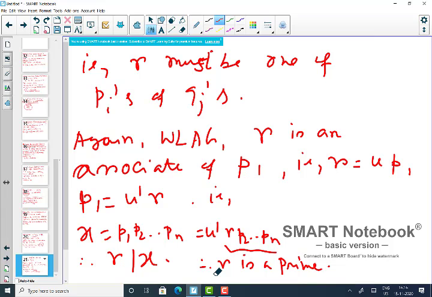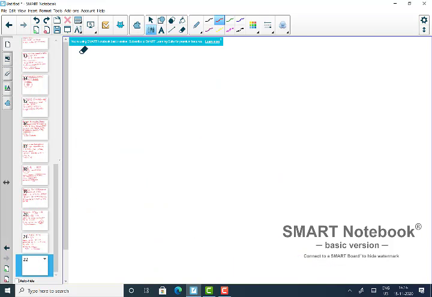Now I will just finish today's talk with one definition. Inside a UFD you can define something called the greatest common divisor, GCD. So how to define it?